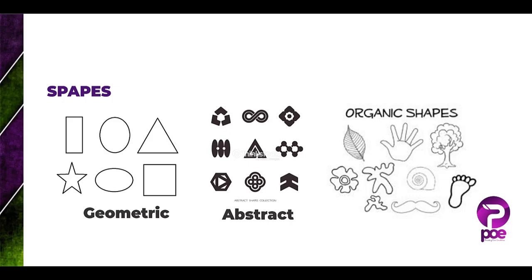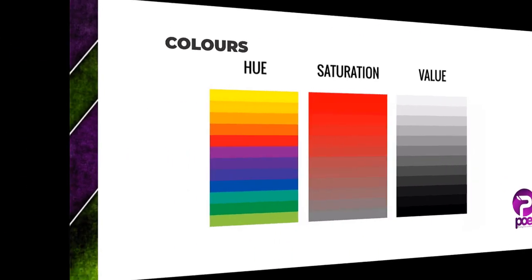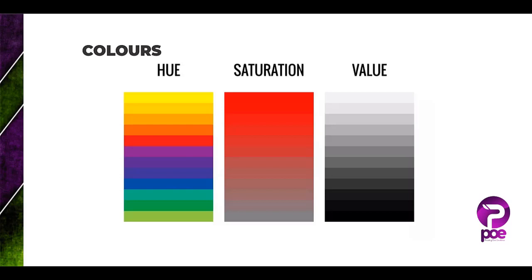Then we have colors. Color is a very important element of graphic design. Colors evoke emotions and some kind of psychological feeling. When you have a certain color in your design, it has something to say about that design.